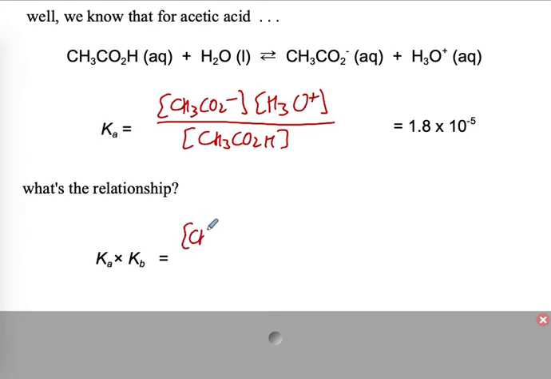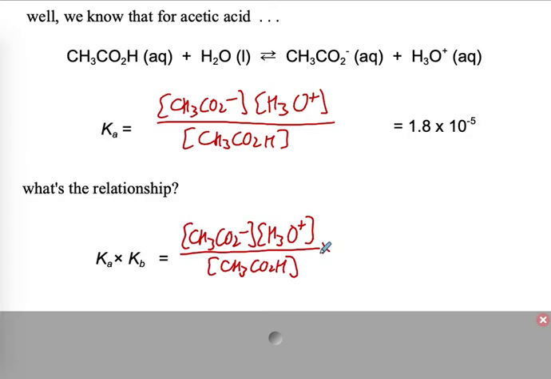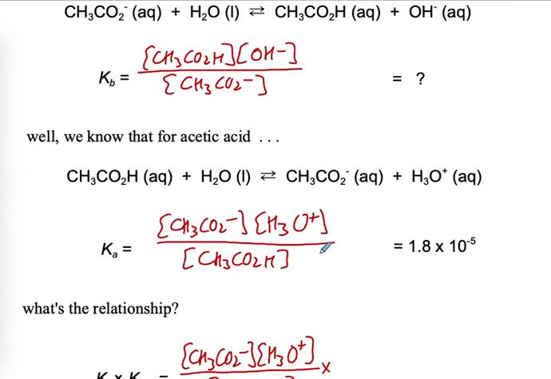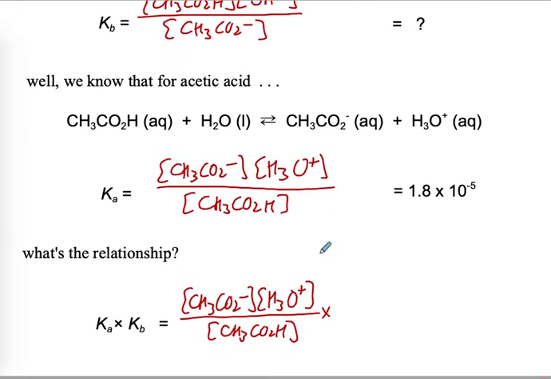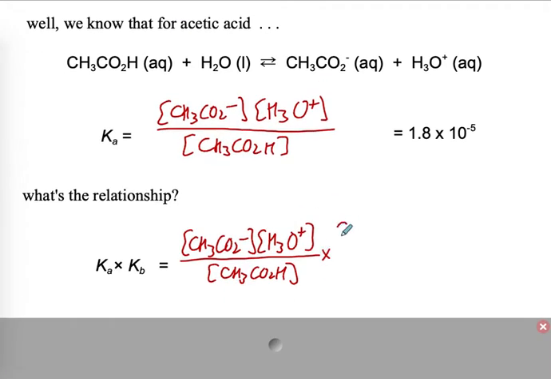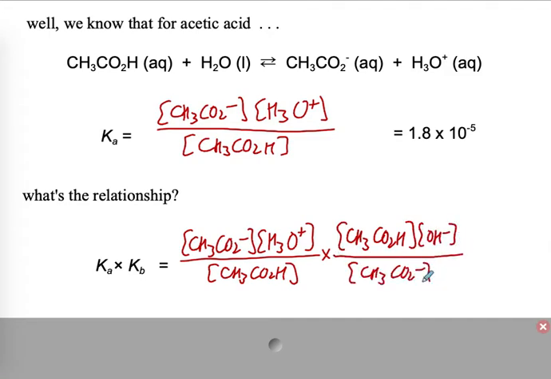Ka expression is acetate times the hydronium ion concentration divided by the acetic acid concentration. My Kb expression is acetic acid times hydroxide over acetate. Hey, what happens here?